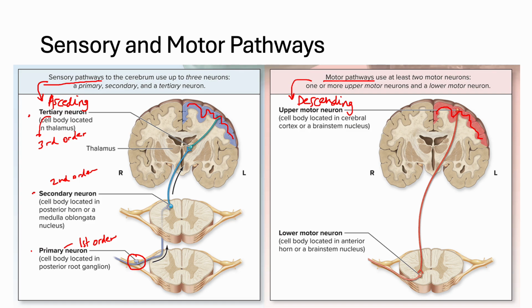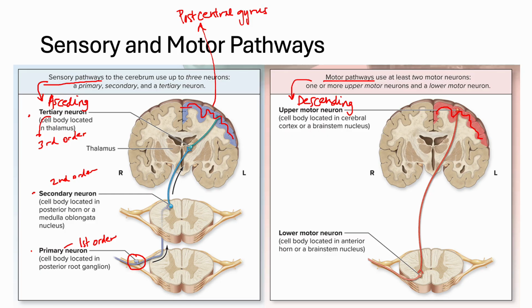When we're talking about sensory information in the cerebral cortex, do you remember where on the cerebral cortex sensory information is integrated or processed? Stop your video, see if you remember that, and then come back. This area is called the postcentral gyrus. This is where sensory information is processed.